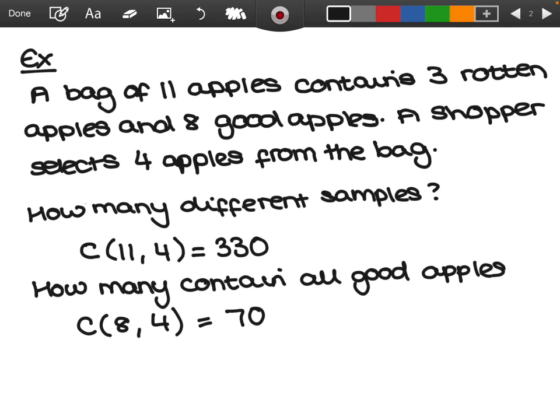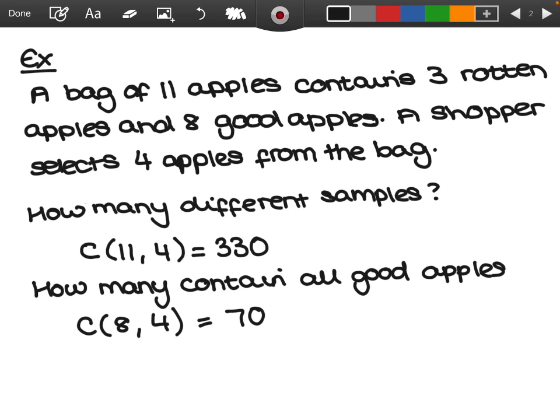How many contain all good apples? When the shopper goes and picks out 4 apples, how many of the 330 different outcomes that we saw have all good apples? When we think about this, we know that there are 8 good apples in the bag.